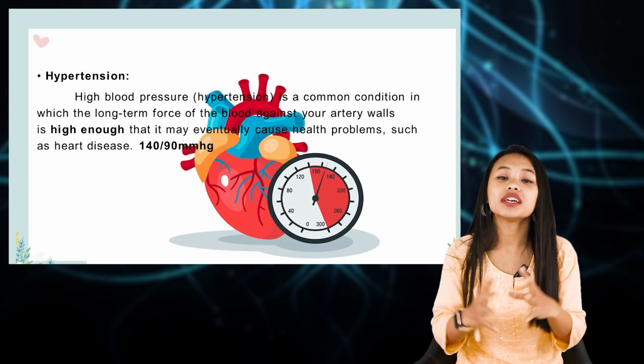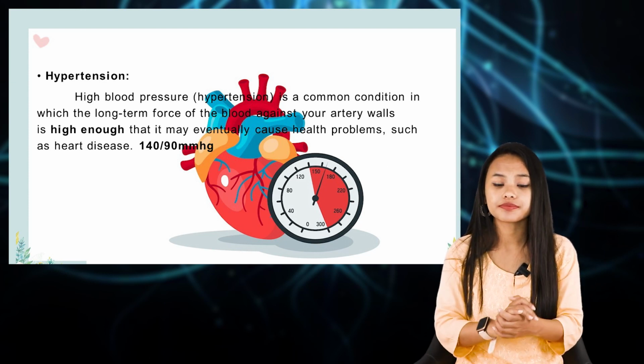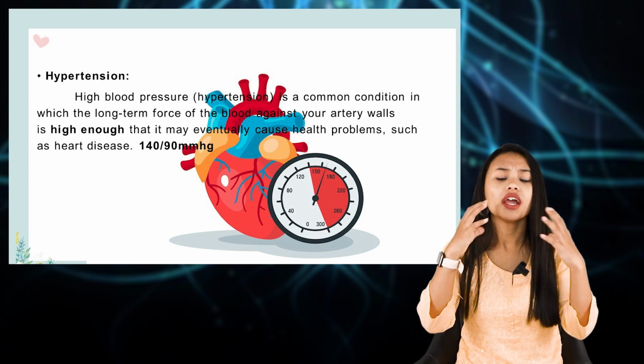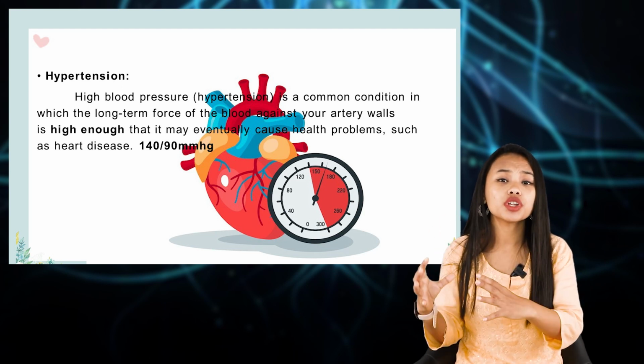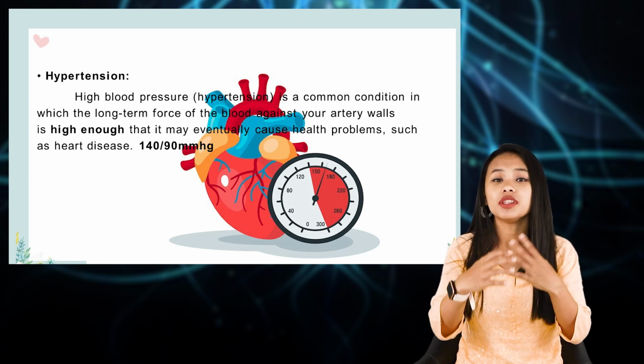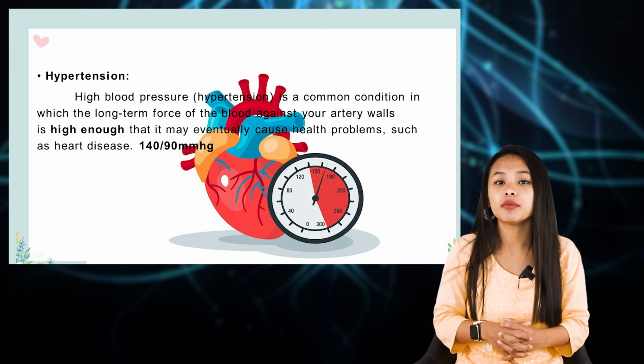And then the second one is hypertension. Hypertension is just the opposite of hypotension. Hypertension, which is also a high blood pressure, is a common condition in which the blood pressure of an individual will be higher than the normal level, that means higher than 120 by 80 mmHg.